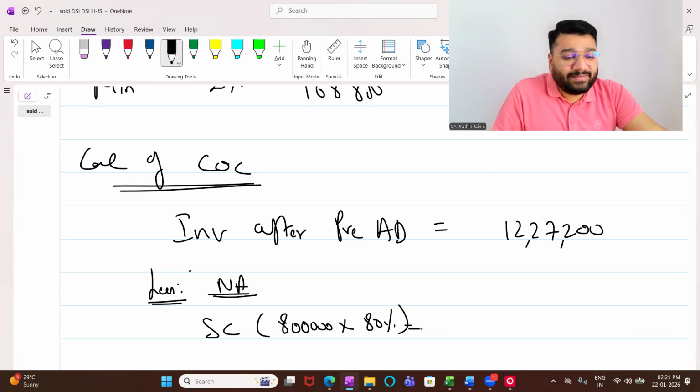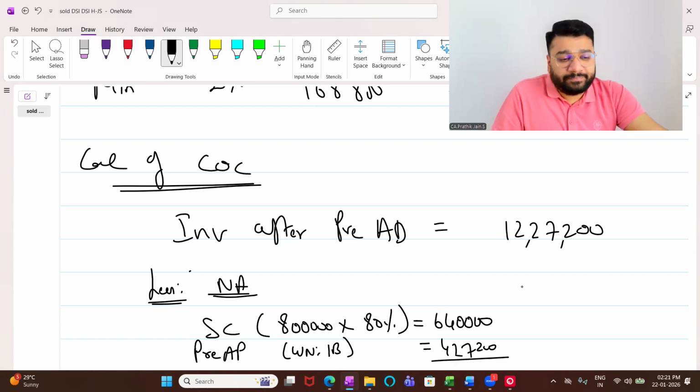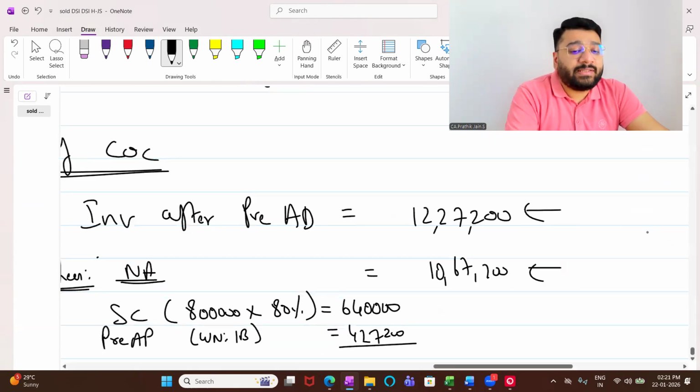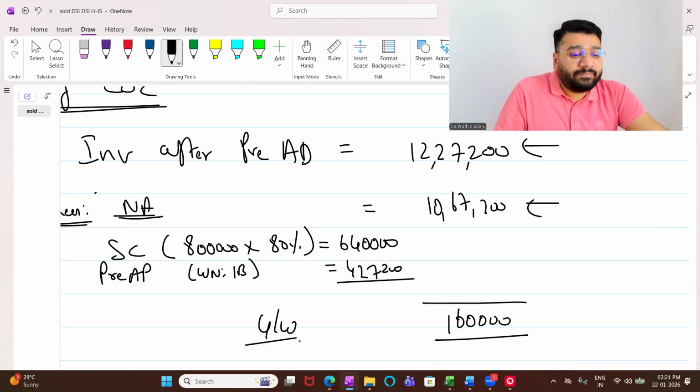How much is it? 6 lakh 40,000. Plus pre-acquisition profit coming from working note 1B, 4,27,200 total. 10,67,200 worth of assets you got, but you paid how much? 12,27,200. 1,60,000 rupees you paid extra as goodwill.